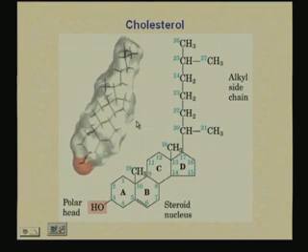This is the numbering scheme for cholesterol. It is the 3 position that has an OH attached to it.